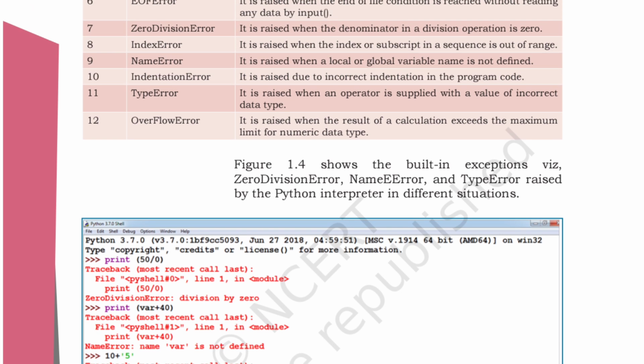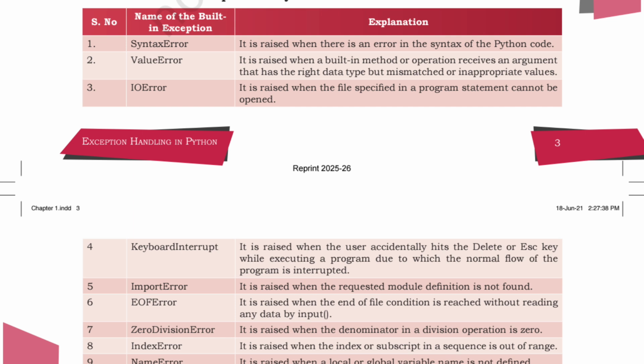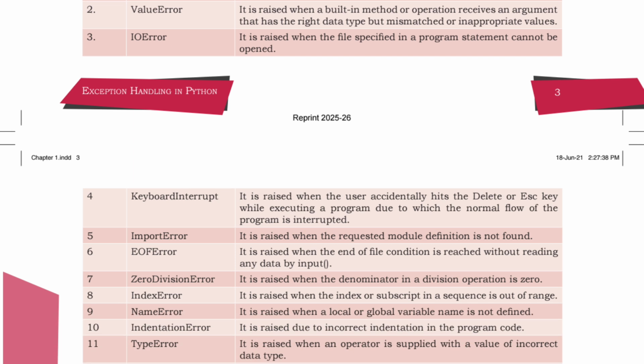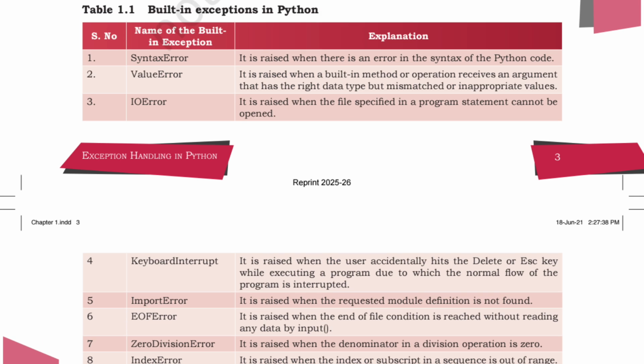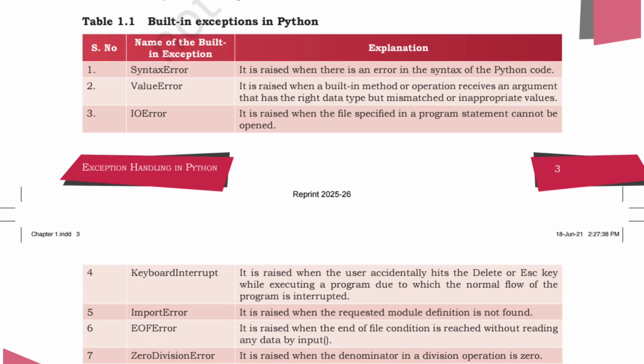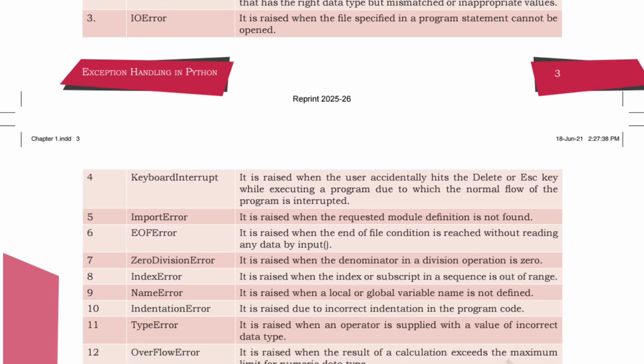What is the difference between the TypeError and the ValueError?